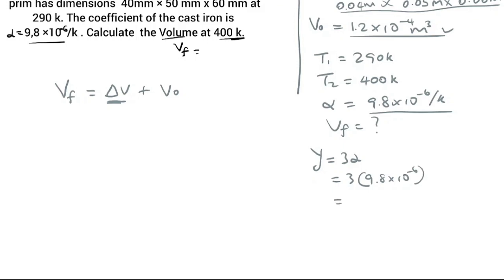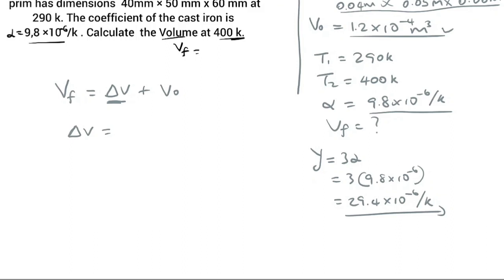Then this gives 29.4 times 10 to exponent -6 per Kelvin. This is the coefficient for volume expansion. So let us come this side to calculate the change in volume.